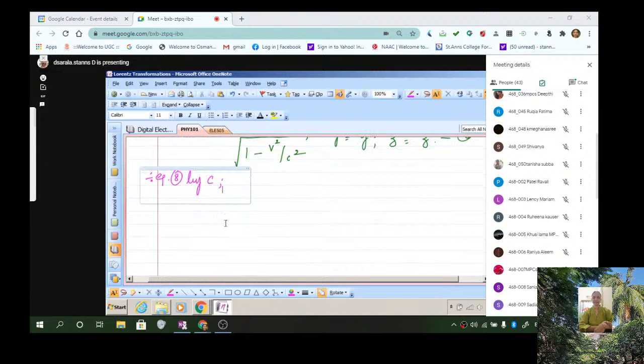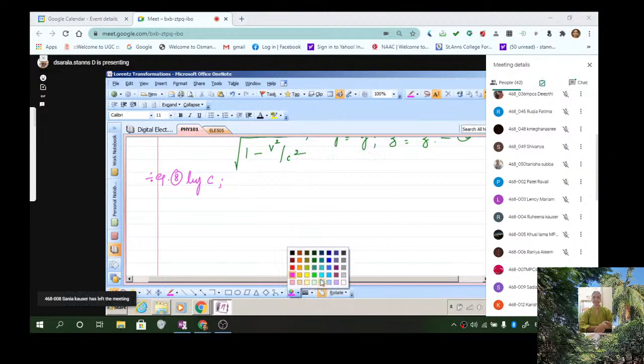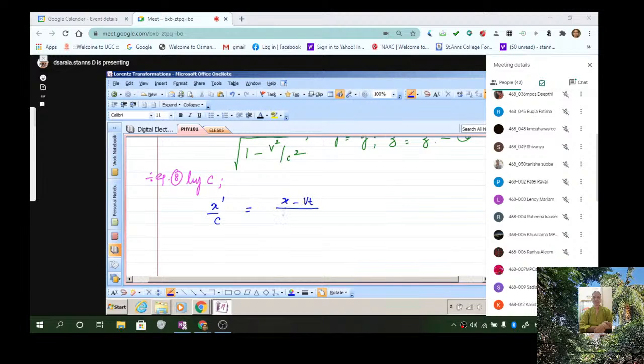That is why we are doing this. So by doing this, what do we get? x dash by c is equal to (x minus vt) by c into 1 minus v square by c square.